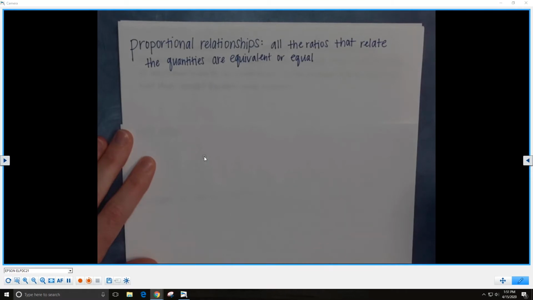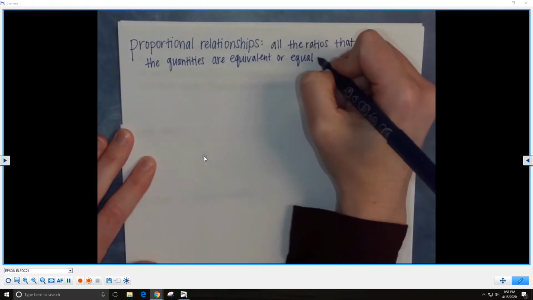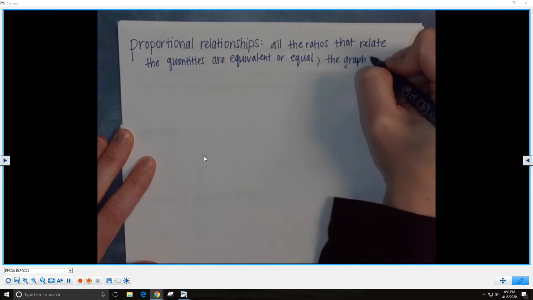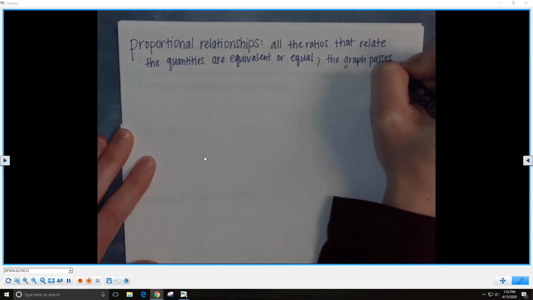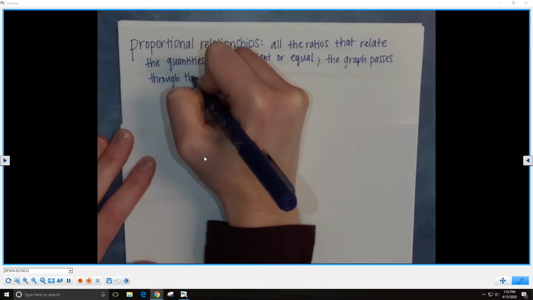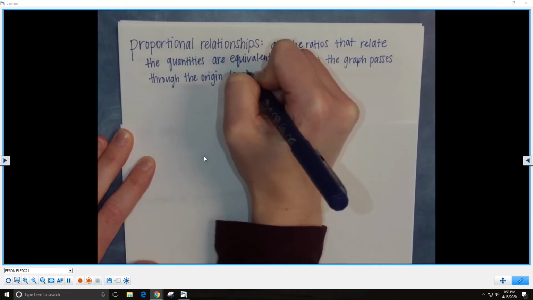Right. If you graph a proportional relationship, it passes through the origin. Remember that the origin is 0, 0.